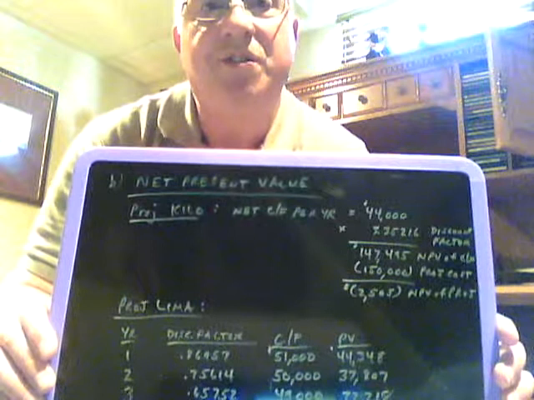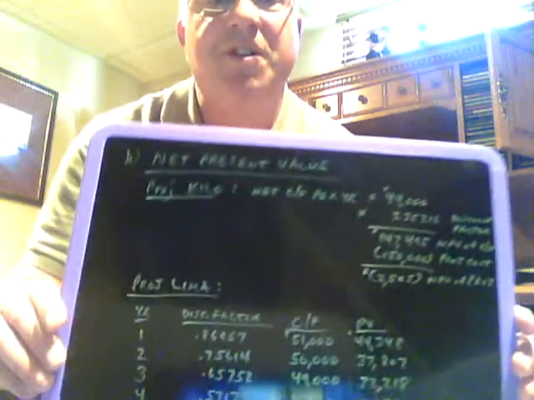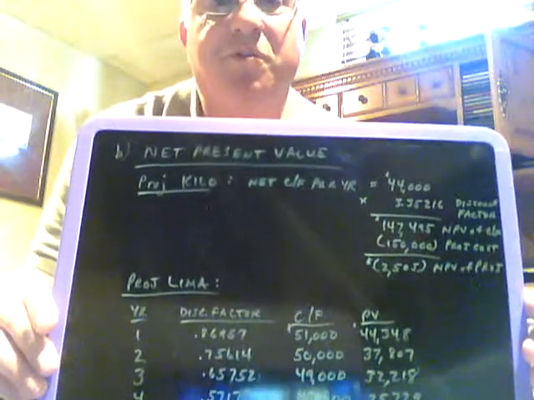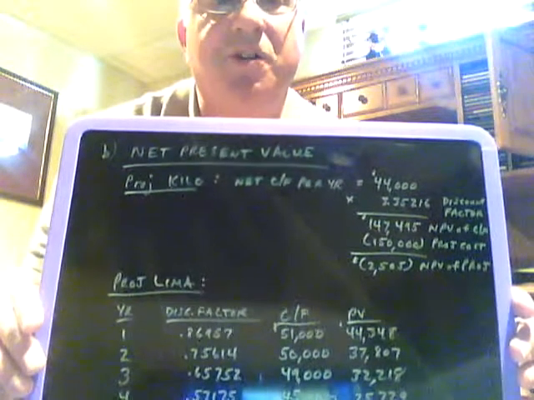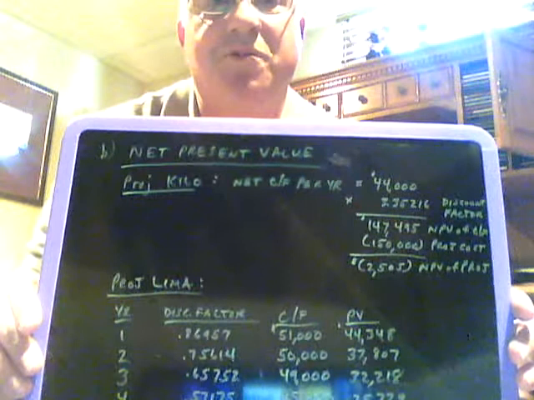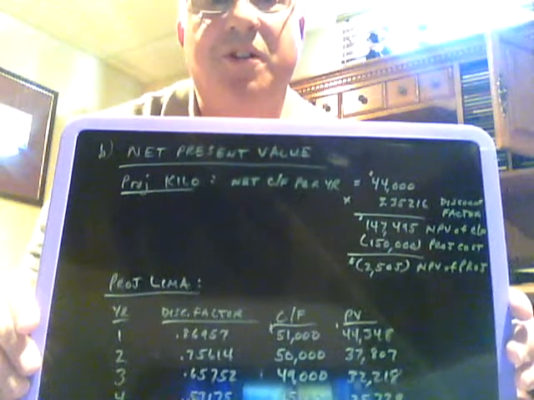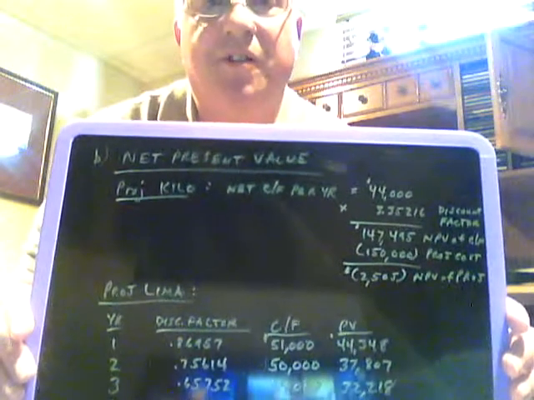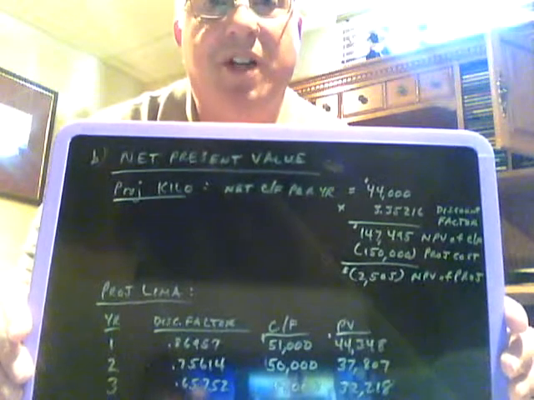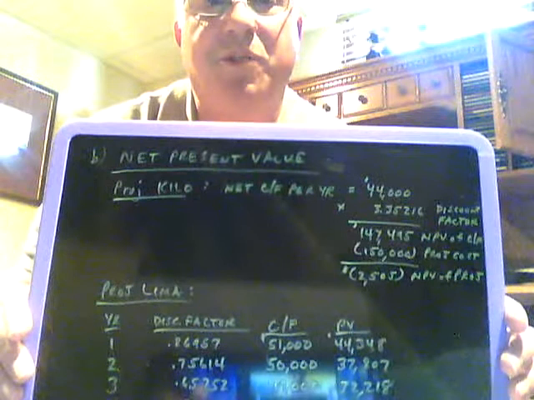And of course, we need to know what the discount factor is to use in order to compute the present value of the cash flows. Now in Project Kilo, it's pretty simple. We know it's $44,000 per year, 5 years worth of that. And for the exam, any discount factors that you need are going to be provided.